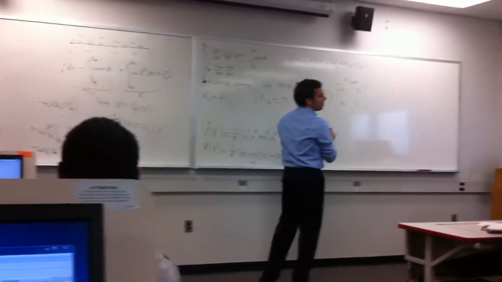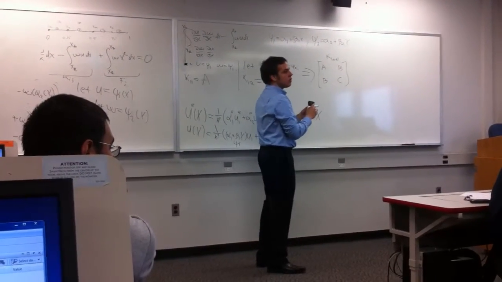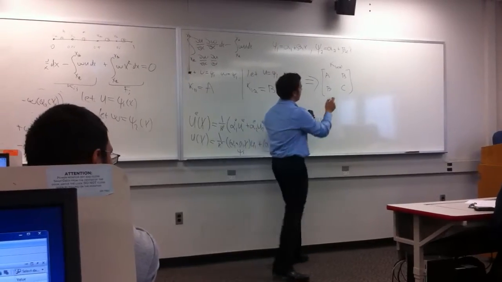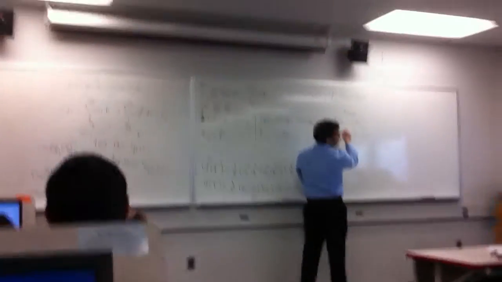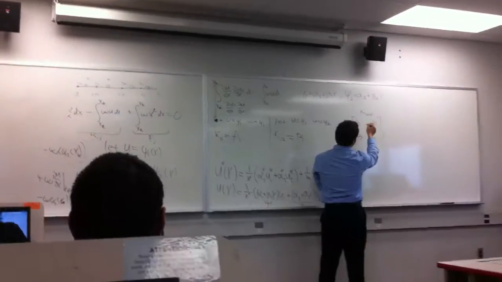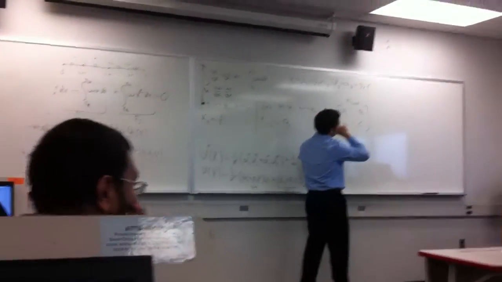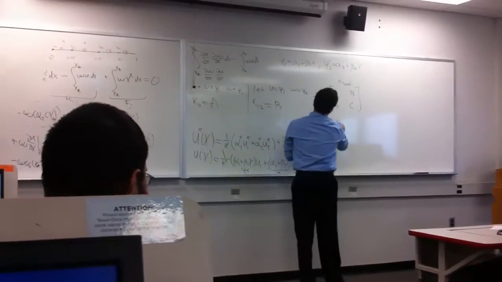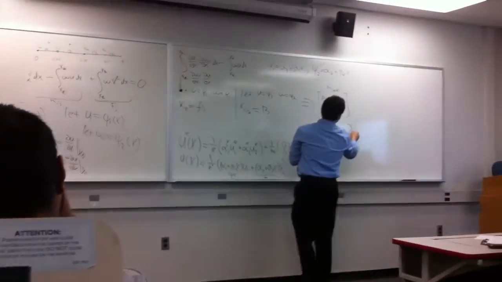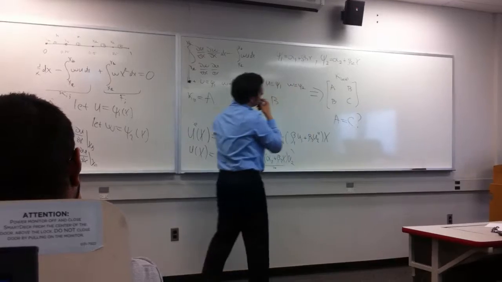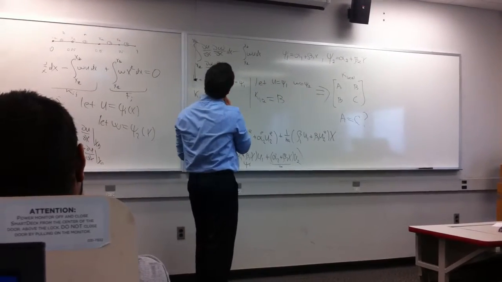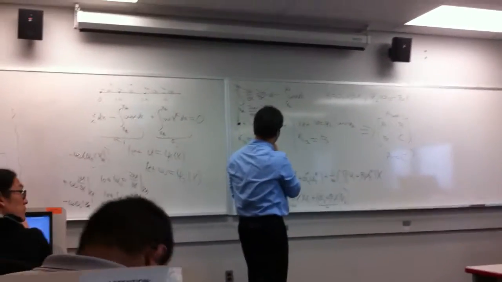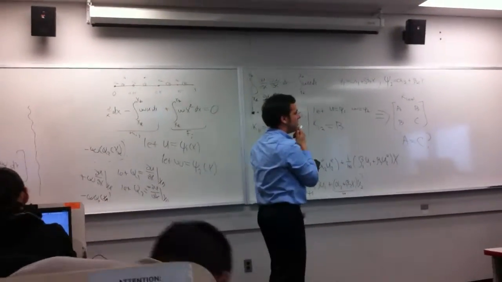Because we have it in our notes. Hold on, K12, K21. And K11 and K22 are the same thing, because our matrix comes out to be A over H times 1, minus 1, minus 1, 1, and then 2, 1, 1, 2, which is just saying that. So I guess we should not take that as truth. I was just taking it as truth.